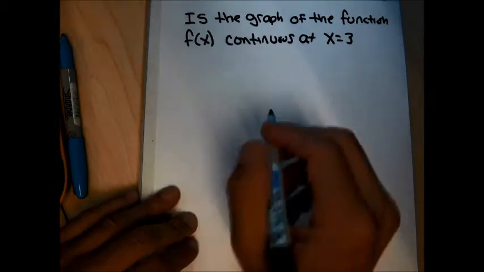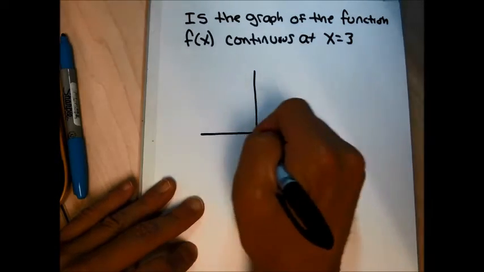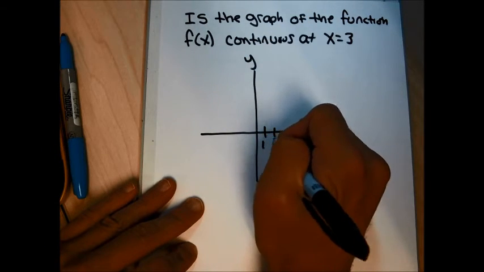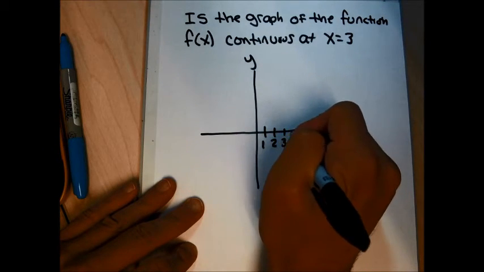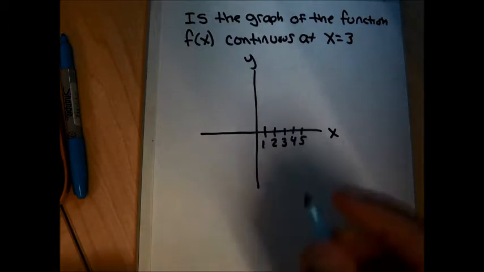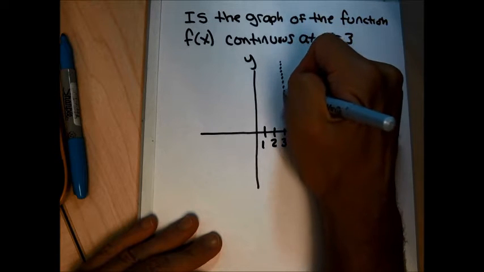So now I'm just going to draw an x-axis and a y-axis, and because I'm focusing on x equal to 3, I'm going to really hammer down the 3. So here's where 3 is.